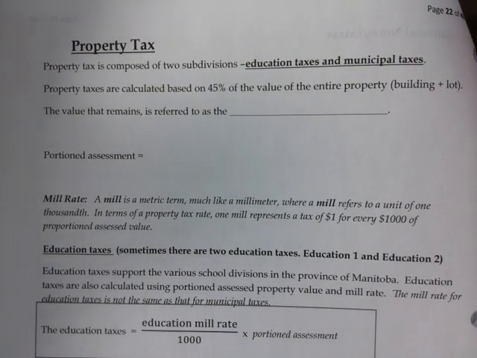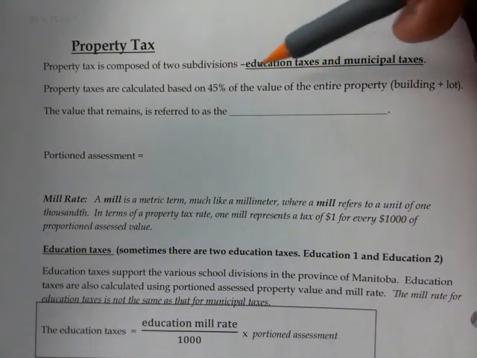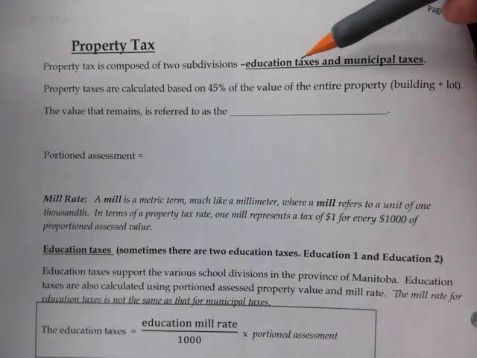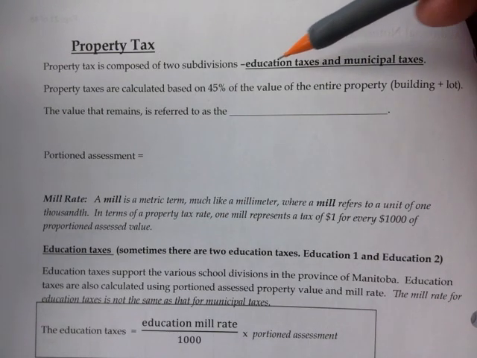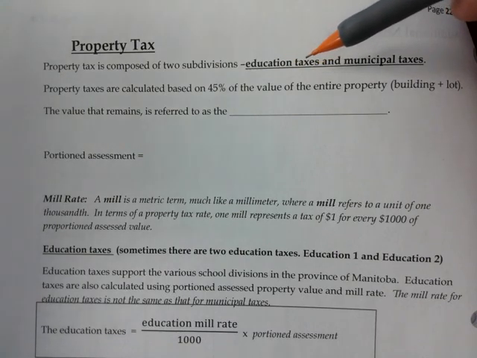Property taxes are composed of two subdivisions: education and municipal. I don't know if you followed the news. The current government is slowly trying to get rid of the education portion of it. But I've been around long enough that I'm like, sure, you're gonna take this away, but where else is it gonna come in?